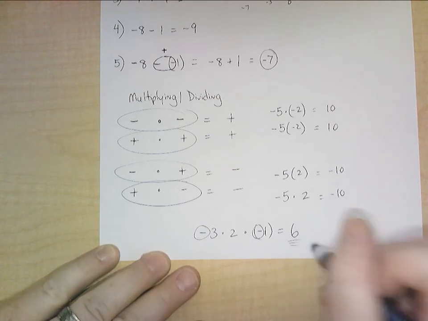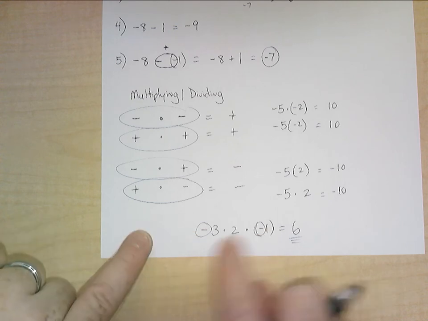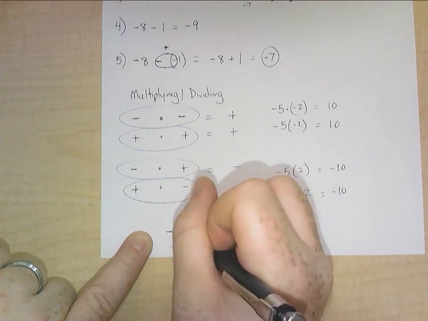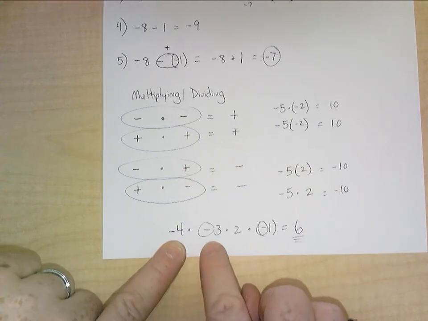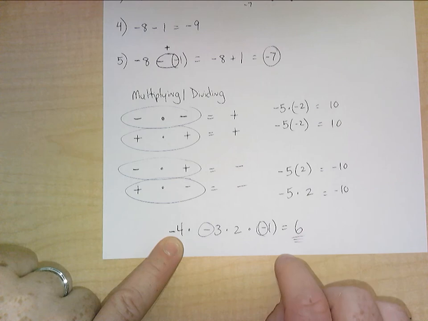Okay, so a lot of times what people say is if you have an even number of negatives, like I have two negatives here, let's add a couple more numbers, like let's add another -4 up front. Let's say I had -4 times -3 times 2 times -1. Well, if you have three negatives, this will end up turning to -24, right?